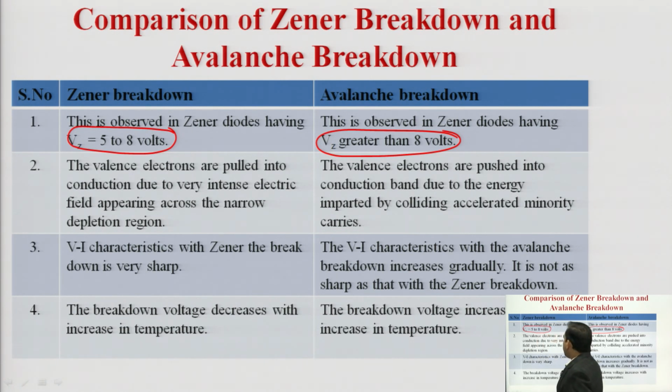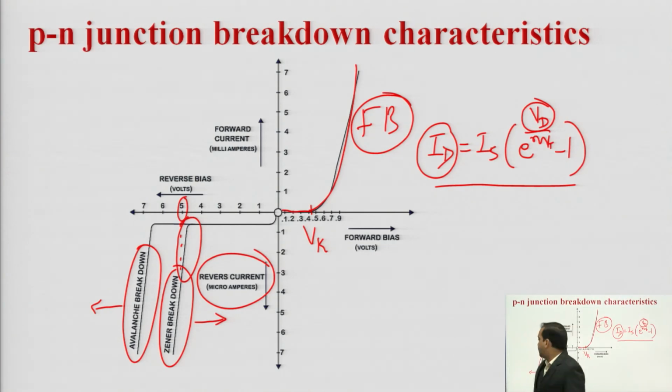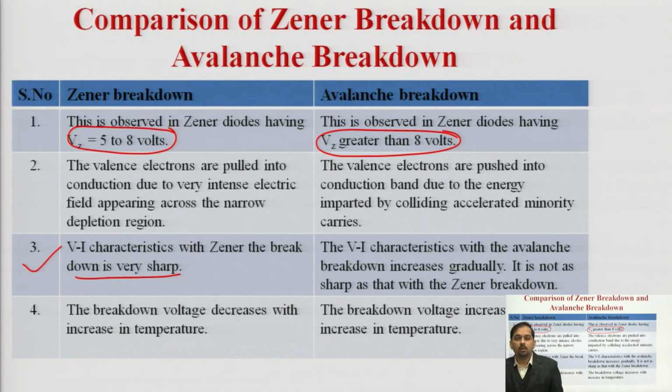Next, we have the VI characteristics. With Zener, the breakdown is very sharp. We have already observed this effect in the last slide, that for Zener the characteristic was sharp, whereas for avalanche the characteristic was not so sharp in comparison. For avalanche breakdown, the VI characteristic increases gradually.